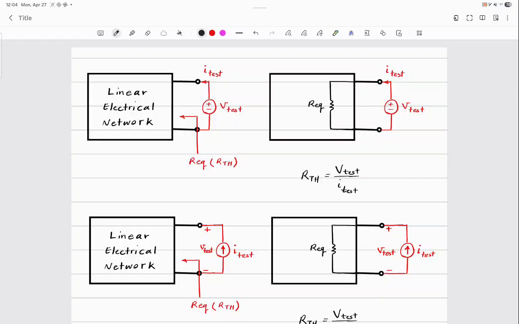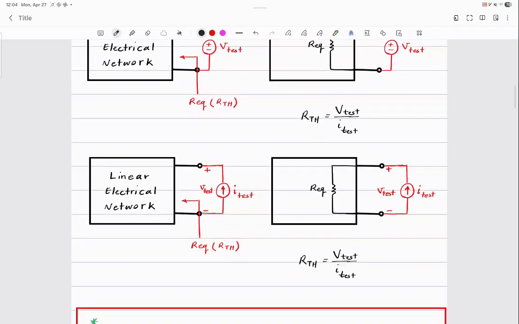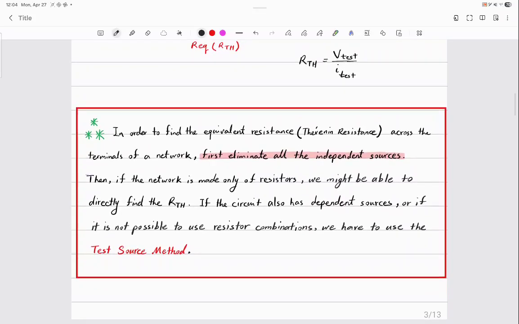For example, if you're applying a test voltage source, then you measure or calculate I test and then divide V test by I test, and that will give you your equivalent resistance. The same scenario applies when you use the I test method. This is the summary of this method. We discussed it in class, just for your review.